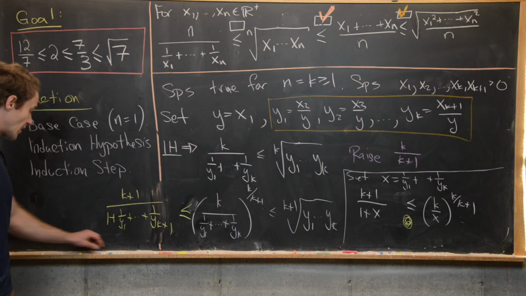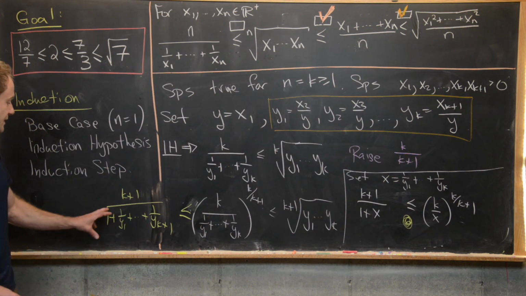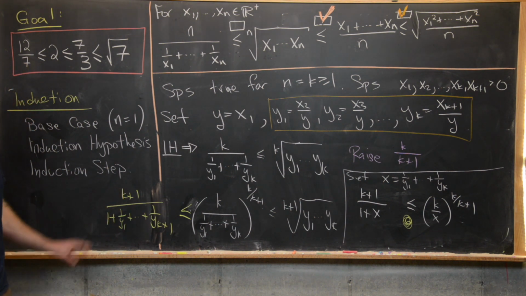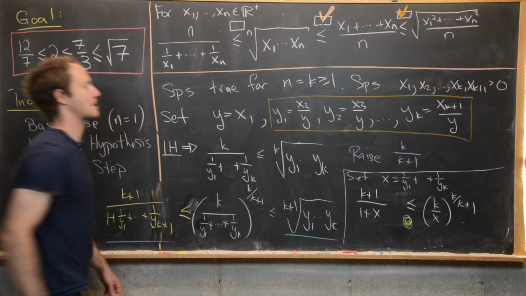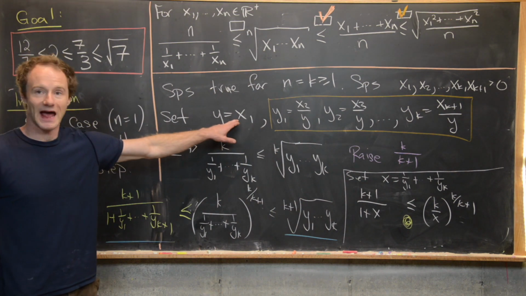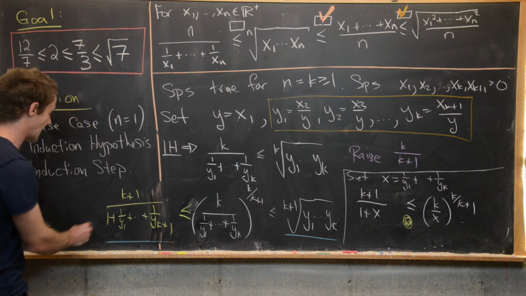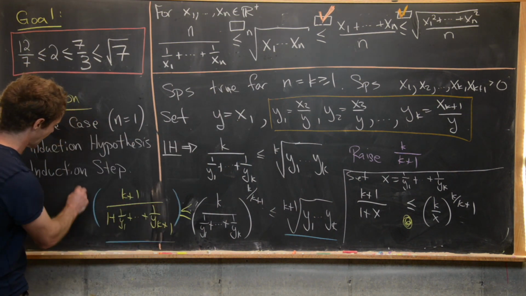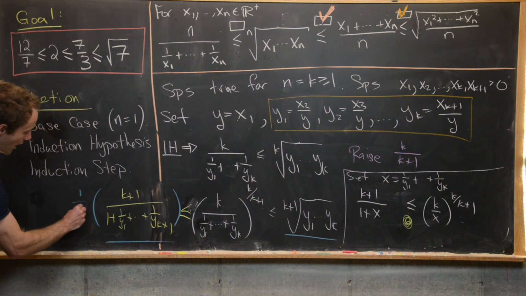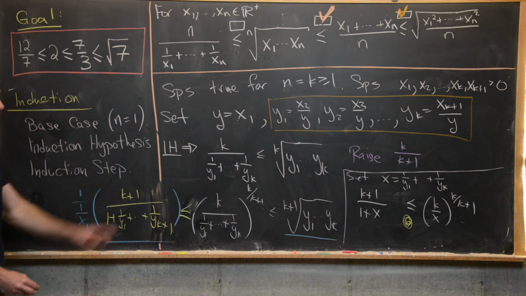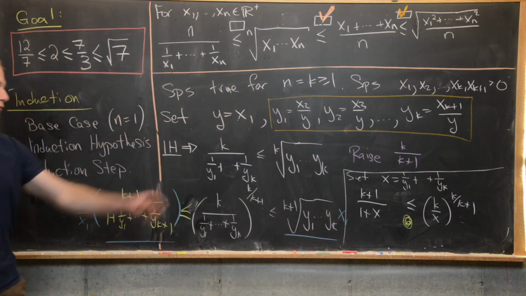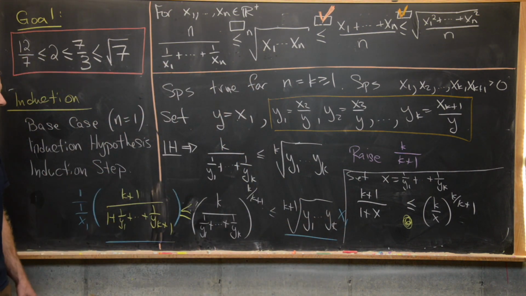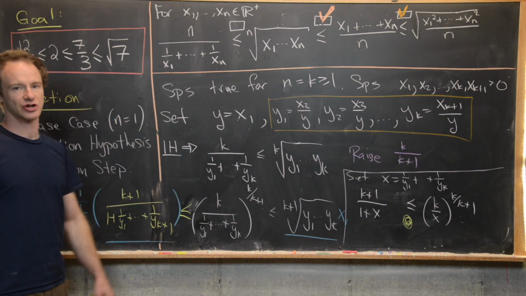And then from there, we're home free because we can take both sides of this inequality, which I'll underline in blue, and multiply them by x1, which is equal to y. So if we multiply this by x1, but in the form 1 over x1, and if we multiply this by x1, we'll end up with the k plus first case, thus completing our induction argument.